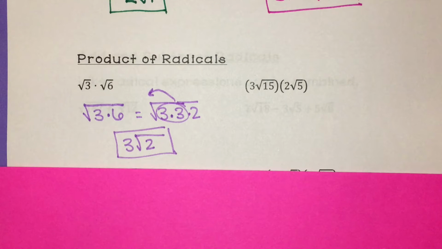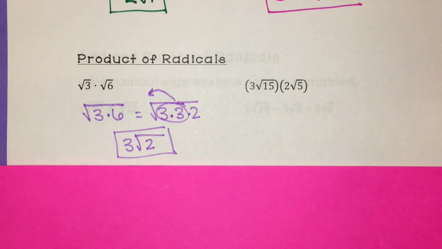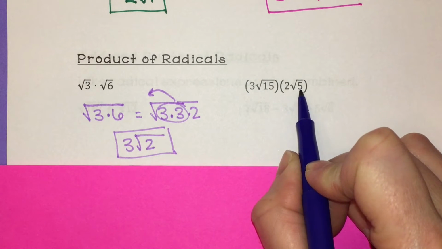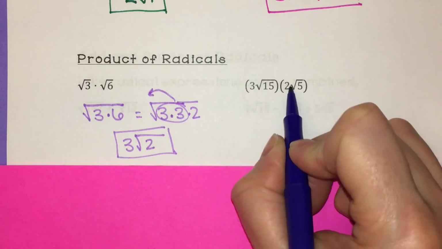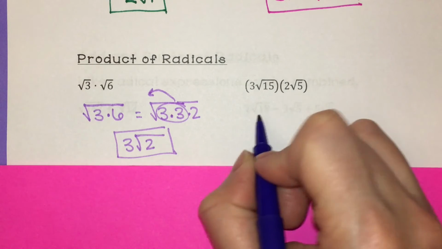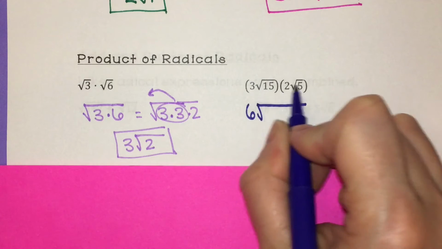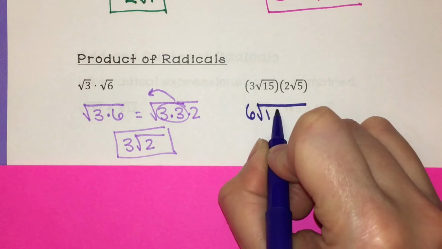All right, so let's try one more. This one, because we're multiplying 3 square roots of 15 times 2 square roots of 5, we're going to multiply the numbers on the outside. So we have 3 times 2 gives us 6. Square root of 15 times 5.